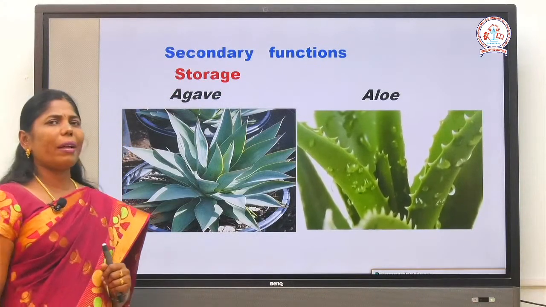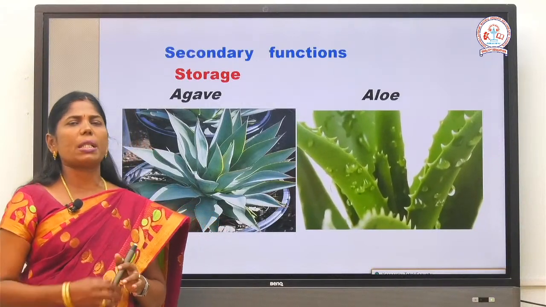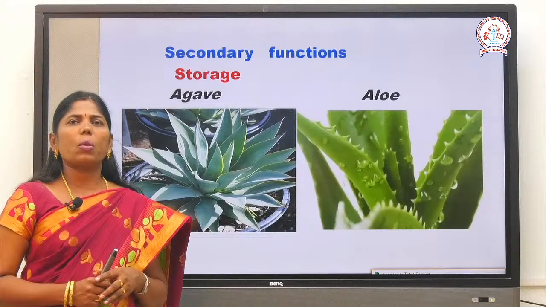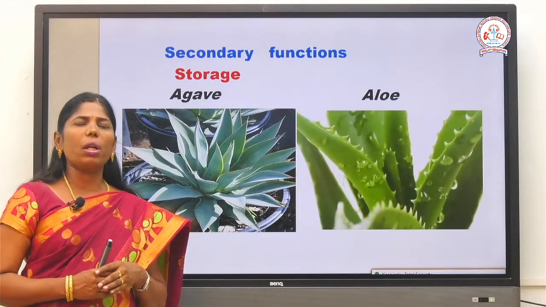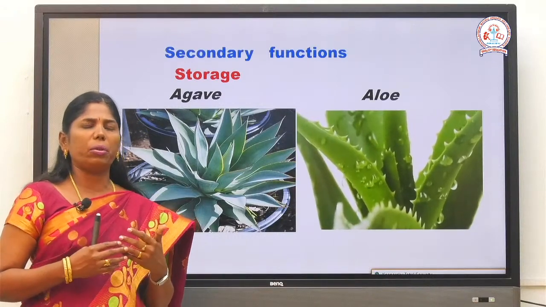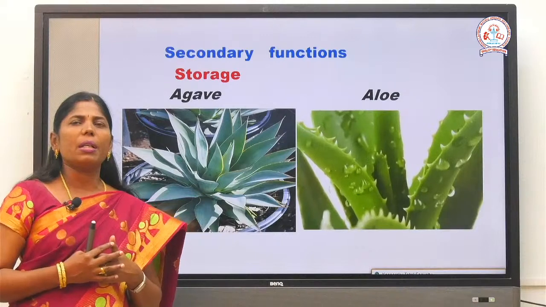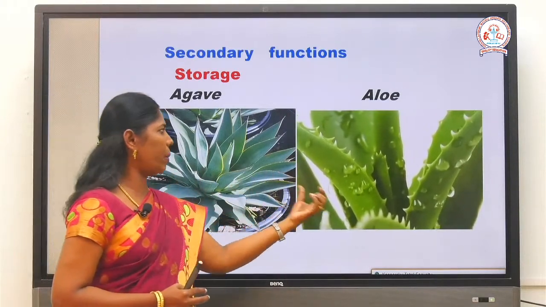So what are the secondary functions? The primary functions we studied are photosynthesis, transpiration, and gaseous exchange. What about the secondary functions? The secondary functions involve storing some food materials or modifying to do other functions. So one secondary function is storage. I gave aloe as an example.